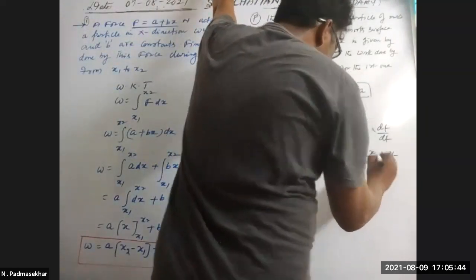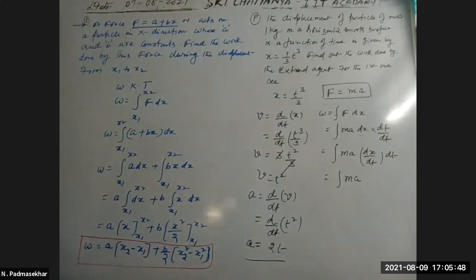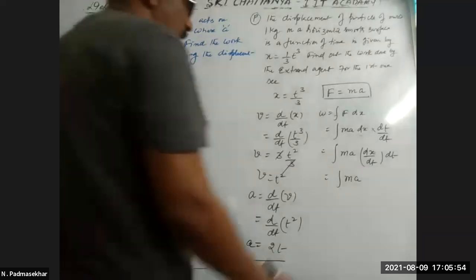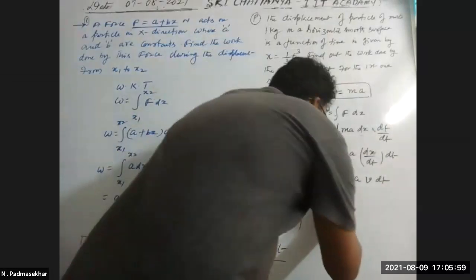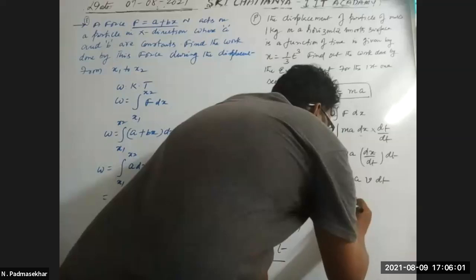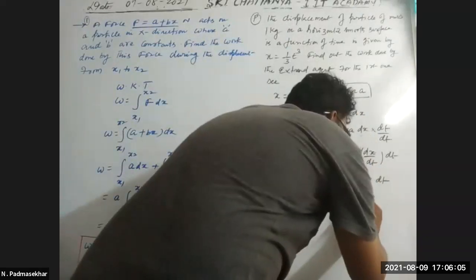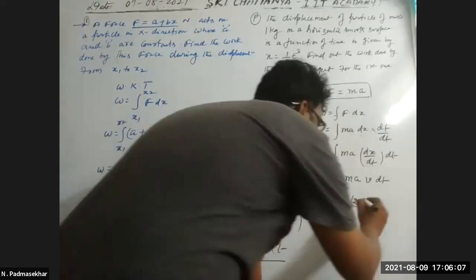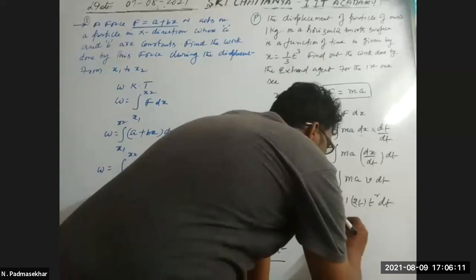So integral of m a v into dt. This is equal to m is 1, a is 2t, and velocity is t square, dt.